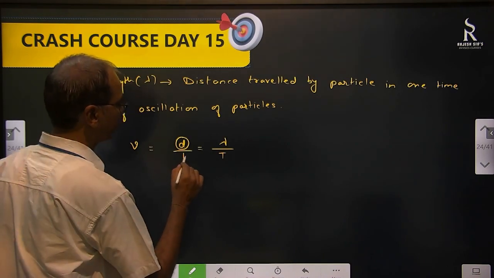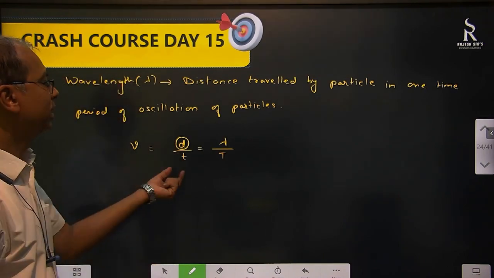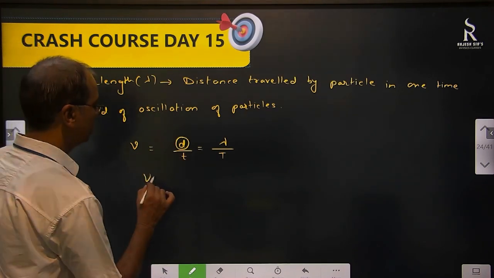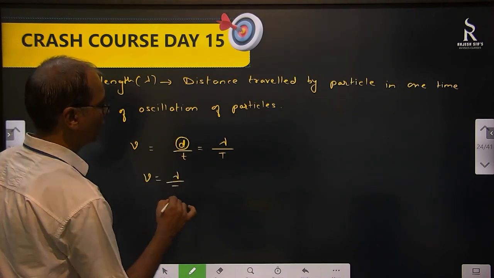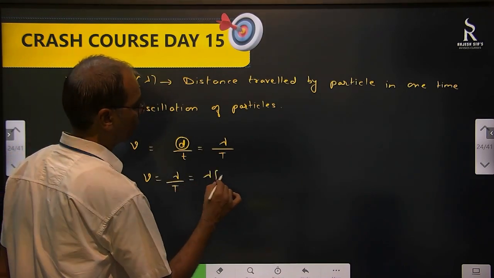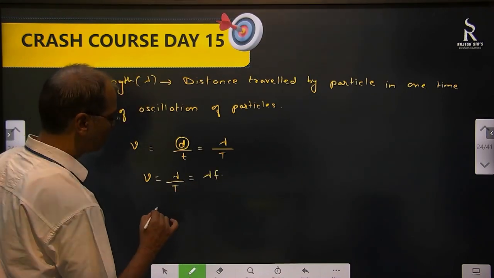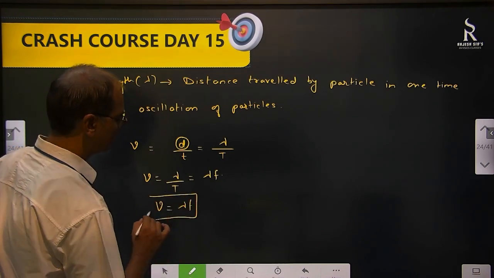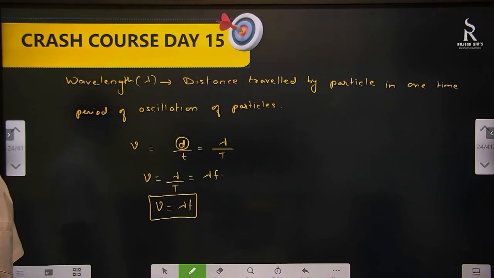Distance traveled by time, which is equal to lambda by T. So v is equal to lambda by T, and 1 by T can also be written as frequency. So this is lambda into frequency. So velocity is equal to wavelength into frequency. This is the most common formula associated with waves.